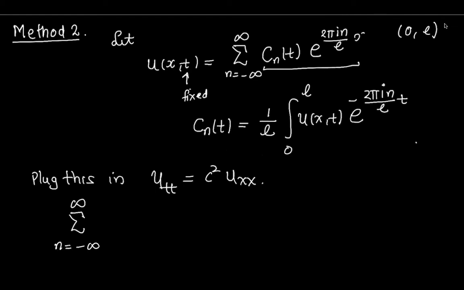This is x, and that is also x, and this is dx for a fixed t. If I differentiate under the integral sign, this is a function of x, which will stay outside of the differentiation, because differentiation is only with respect to t. So the differentiation will be the second derivative of c_n with respect to t, and this function will stay as it is.